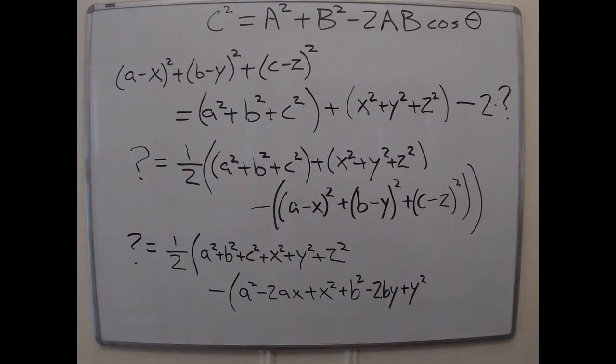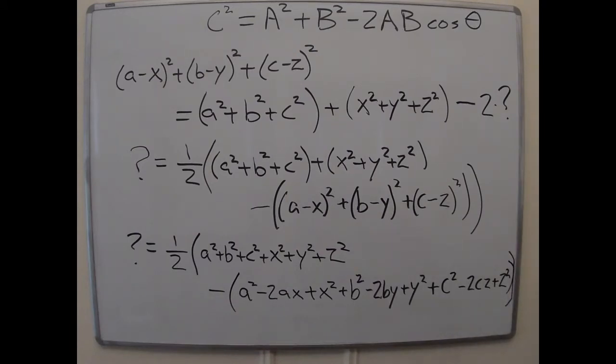And finally, the last one is going to be c squared minus 2cz plus z squared. And one more parenthesis to match the initial one.